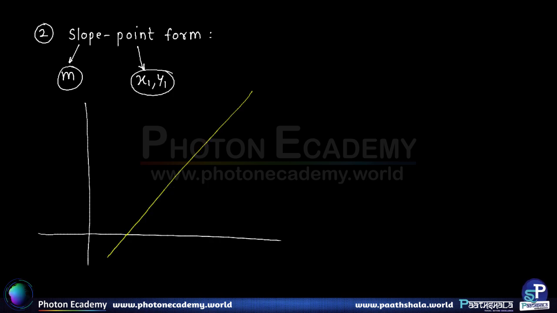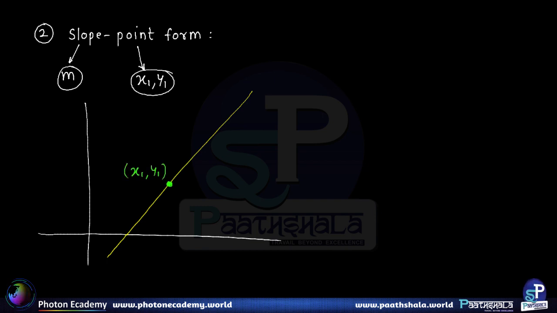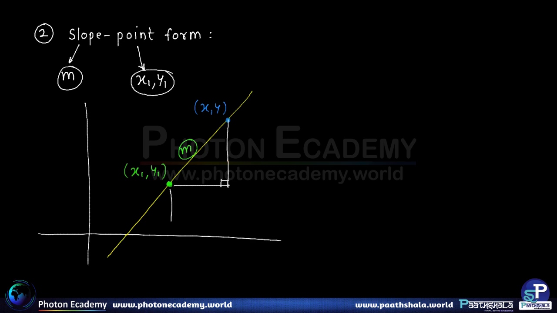Here is a line. We know one point on the line, that is x1 comma y1. The slope of the line is m. Now to get the equation we consider some general point x comma y. If we complete the right angle triangle as in the previous case, we have theta appearing in that small triangle once again.